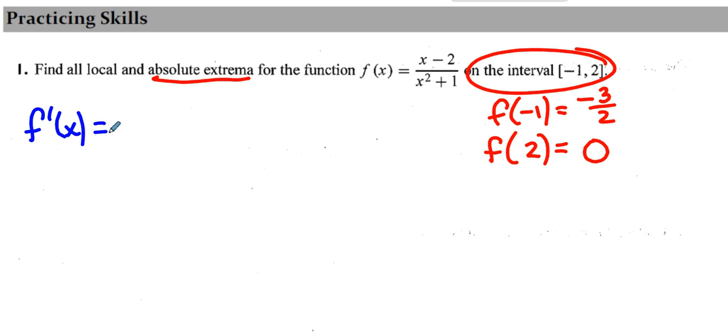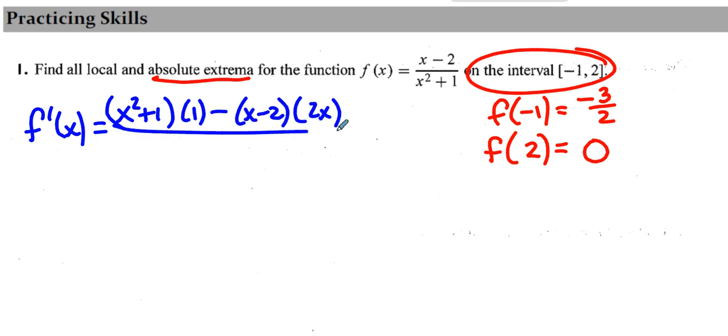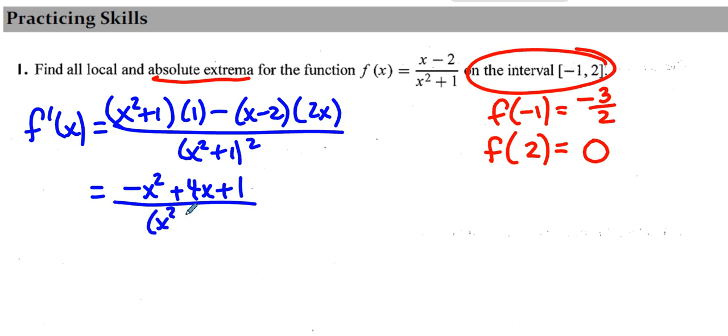So what's f prime? Well, f prime, and we can simplify. It's not terribly difficult. Critical points are places where the derivative is 0 or the derivative does not exist. It happens that the derivative always exists.